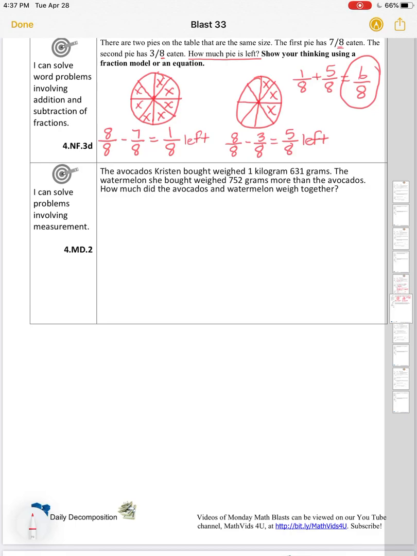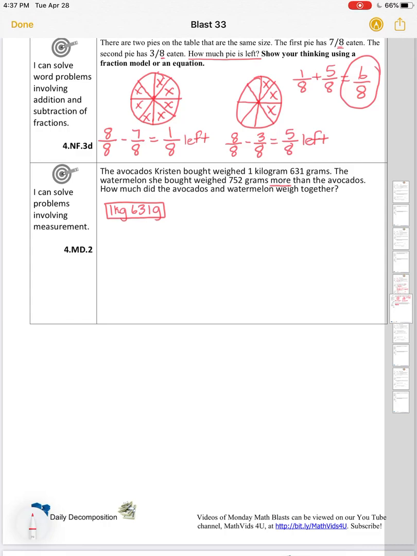I can solve problems involving measurement. The avocados Kristen bought weighed 1 kilogram, 631 grams. The watermelon she bought weighed 752 grams more than the avocados. How much did the avocados and the watermelon weigh together? So here I'm going to represent first the avocados. The avocados were 1 kilogram, 631 grams.